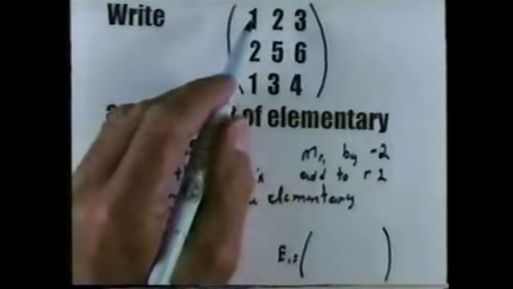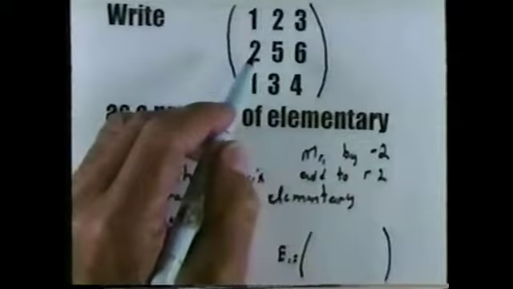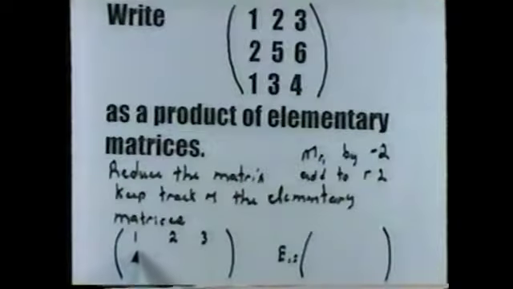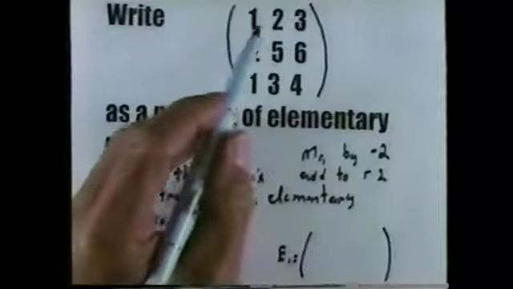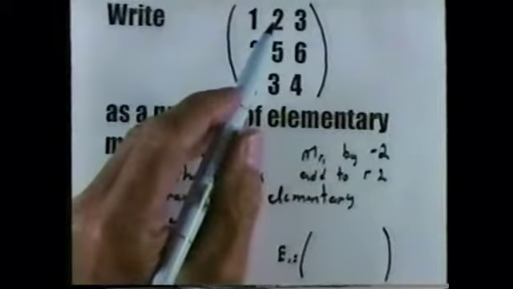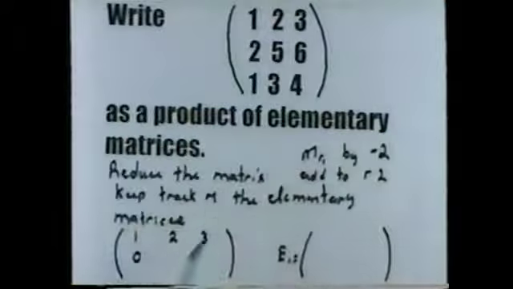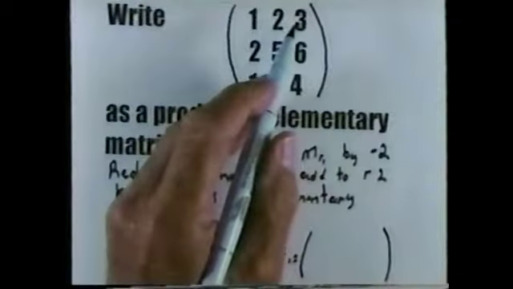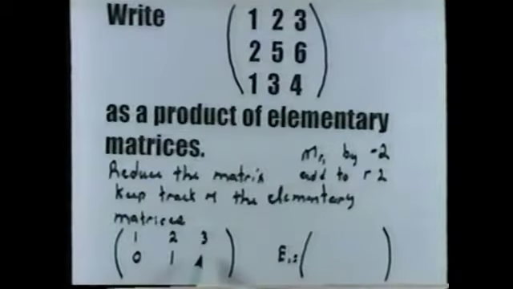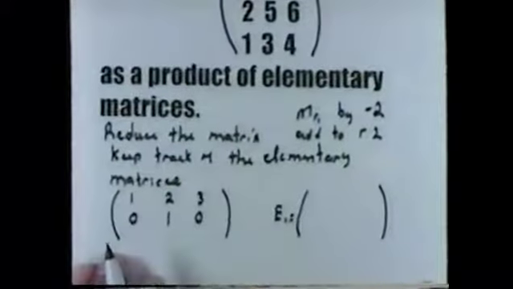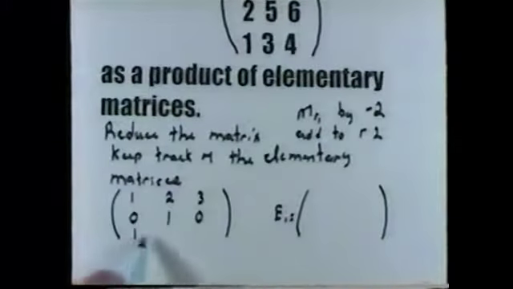Negative 2 times 1 is negative 2, plus 2 is 0. Negative 2 times 2 is negative 4, plus 5 is 1. Negative 2 times 3 is negative 6, plus 6 is 0. Then I'll leave row 3 the same.